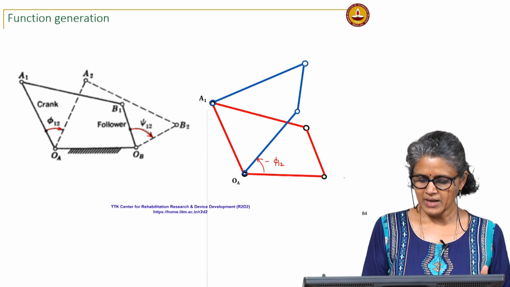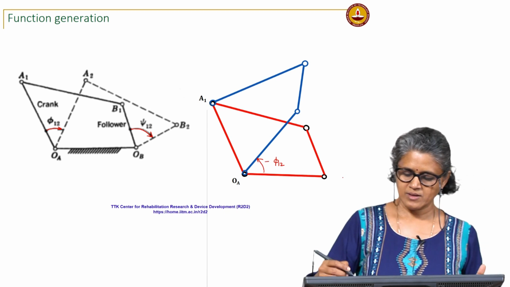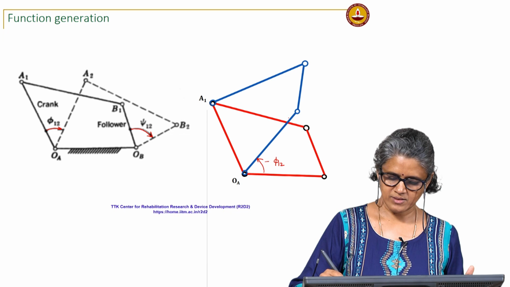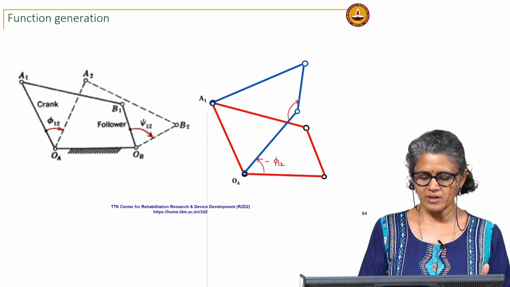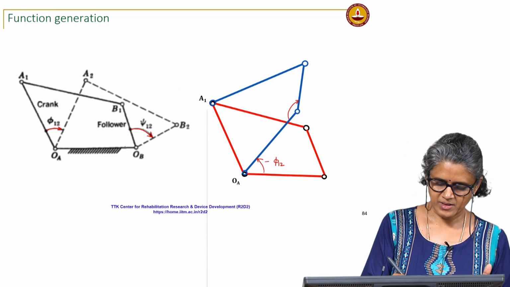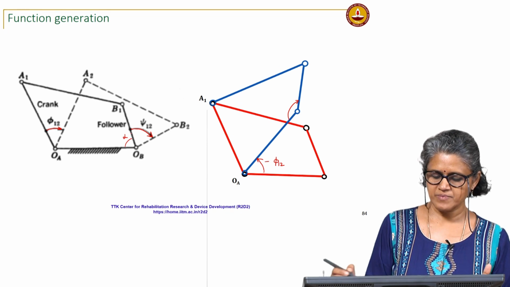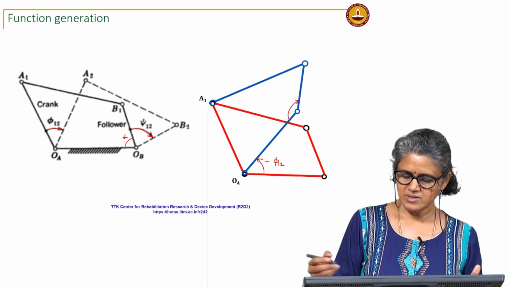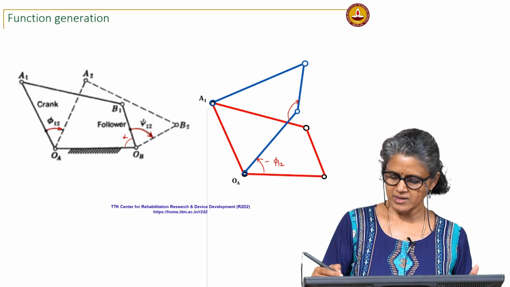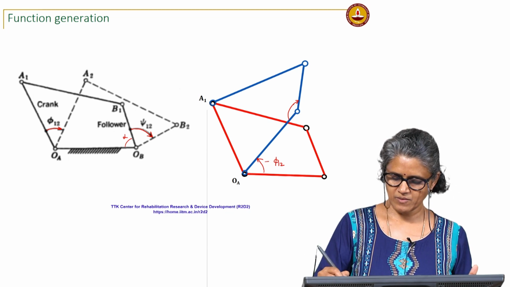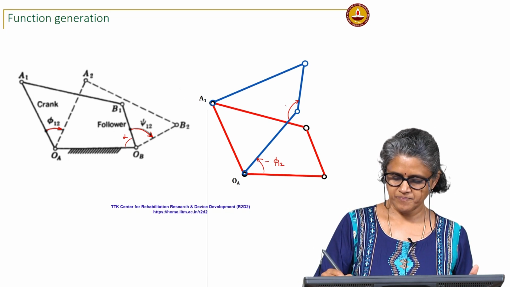Let us call this angle alpha, so this would be alpha plus psi 1 2.